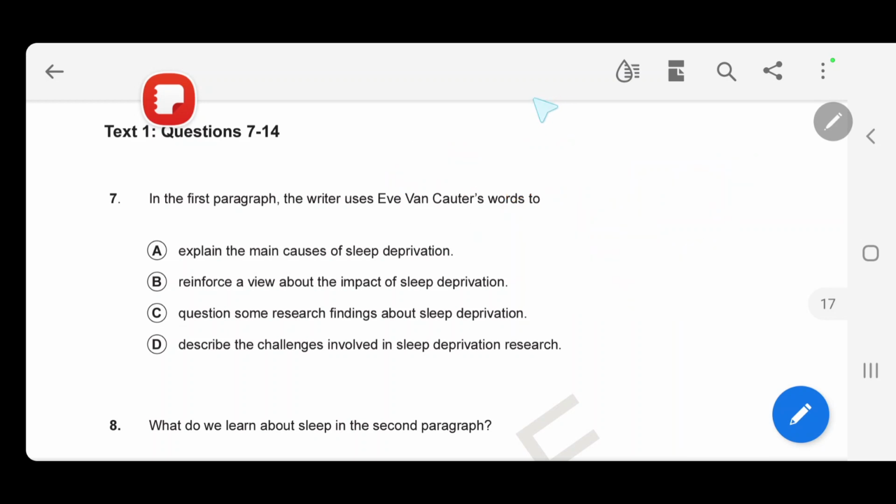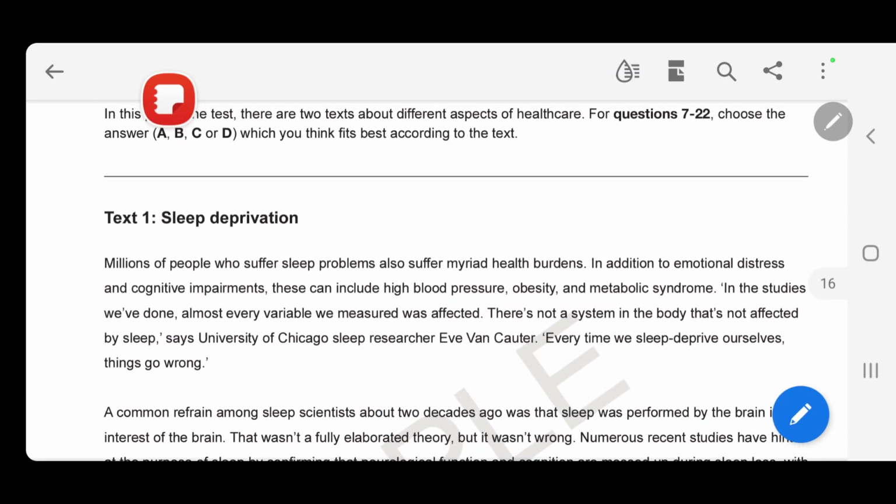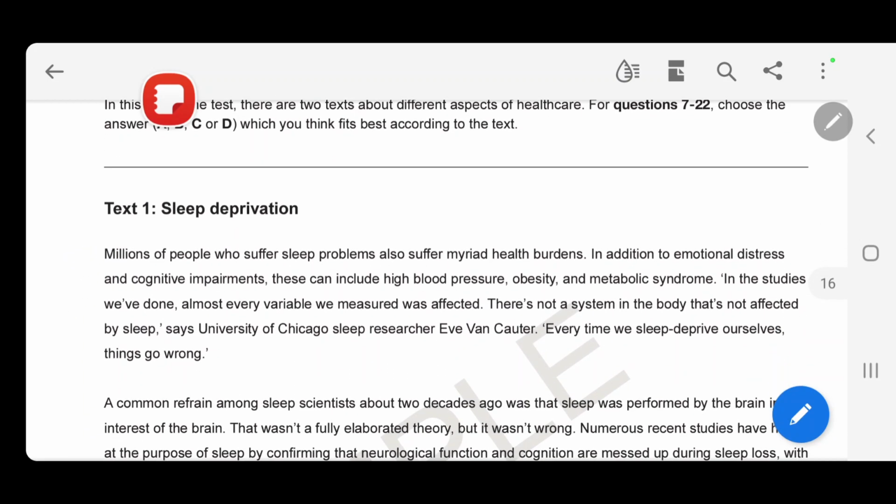Anyhow, let's say you read this question: in the first paragraph the writer used 'ever when corrected' words to. Why has the writer used these words? So I will show you from the first paragraph what this is about. Just read the whole paragraph. Millions of people who suffer sleep problems also suffer myriad health burdens.